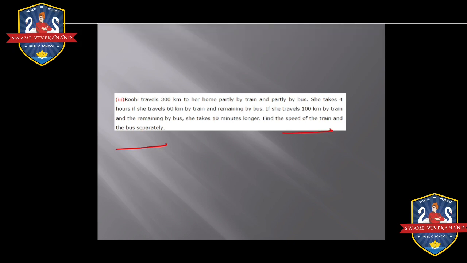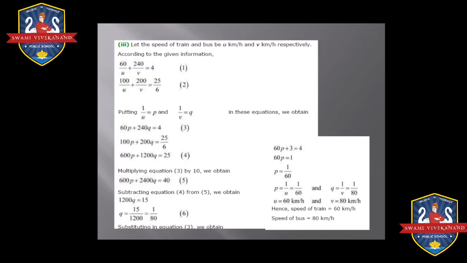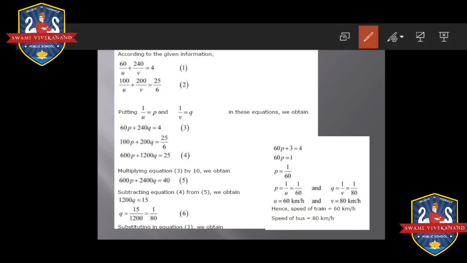So let us suppose that the speed of the train is u km per hour and the speed of the bus is v km per hour. Now according to our question, one thing keep in your mind. If you cover the distance by different means, the total time taken by you is equal to the sum of the times taken by the different means. I am giving you an example.